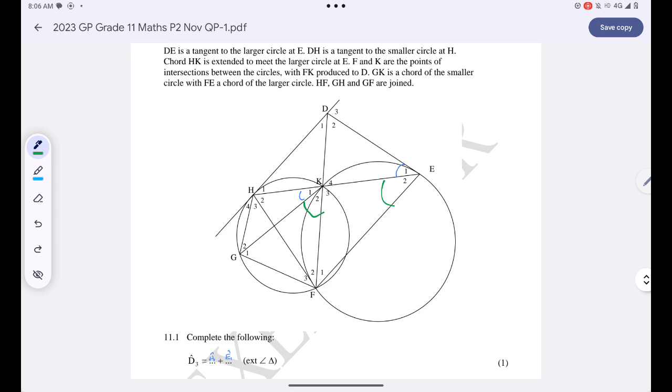That's what we are required to show. Okay, how can we do that?